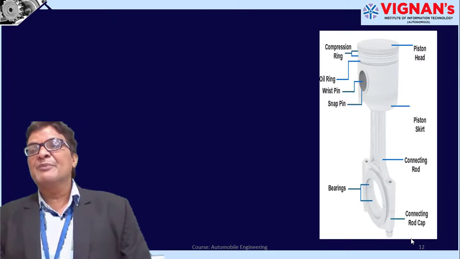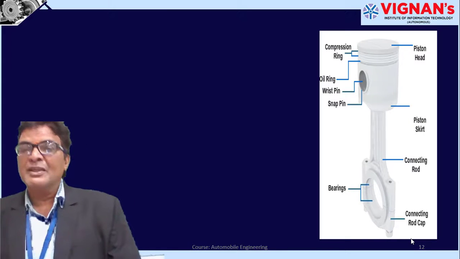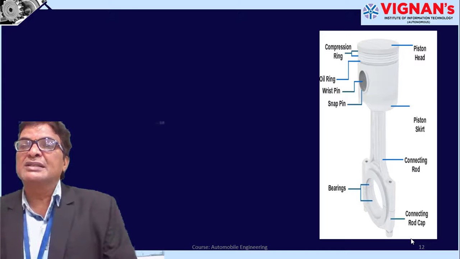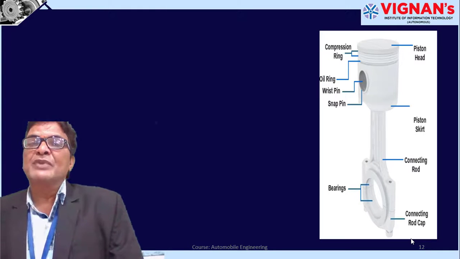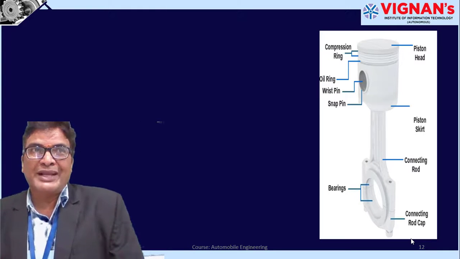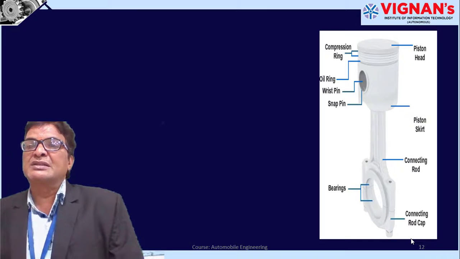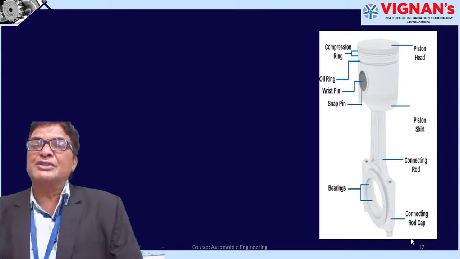Oil rings. Next, below the compression rings are fixed the oil rings. Oil rings have holes inside them. It's not clearly shown here, but if the oil rings are seen, we can see there are some gaps in them.